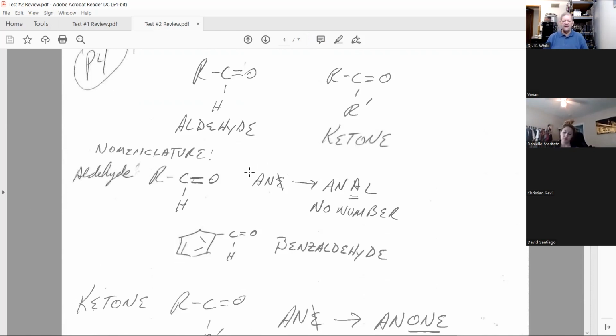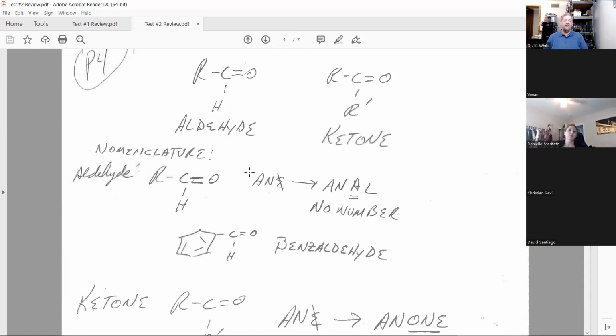You do not need a number for which carbon is the carbonyl carbon because it's always one in an aldehyde. All the rest of the substituents you name like you've already done. And that's aldehydes. Remember, alcohol is OL ending, aldehyde is AL ending. Make sure you write your O or A clearly.